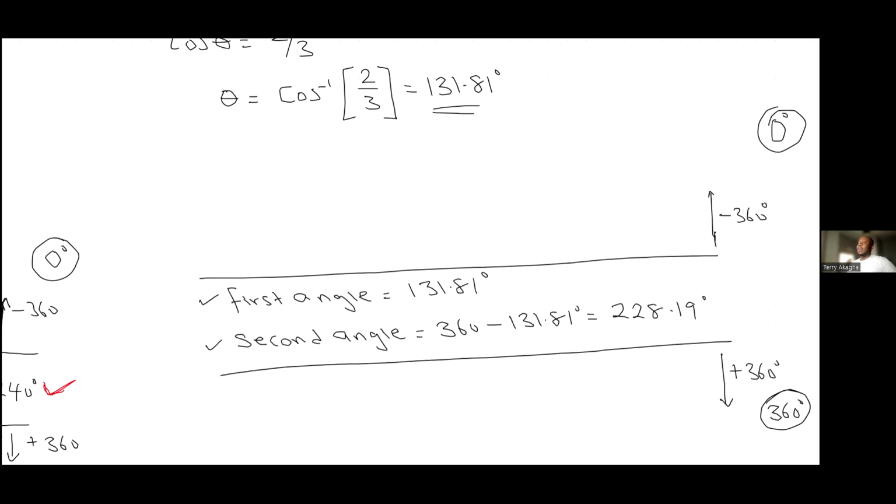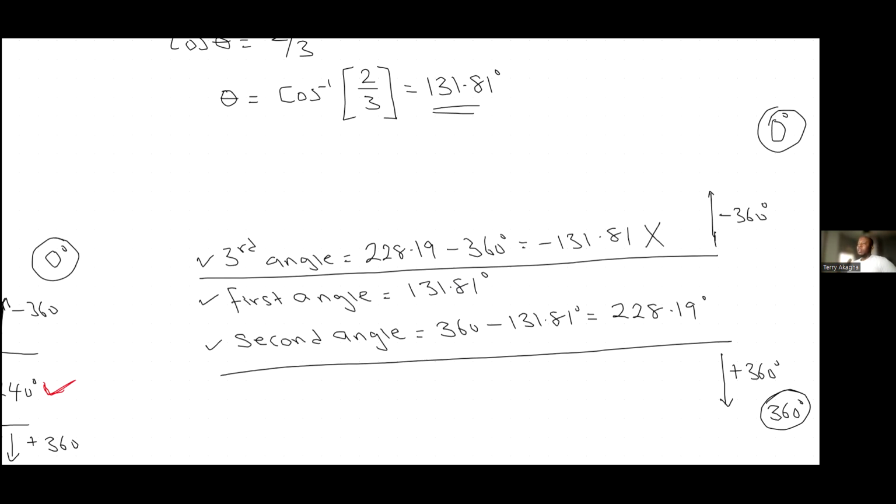So let's start with the negative direction. The third angle in the negative direction will be equal to 228.19 minus 360 degrees. And that will give you minus 131.81. So it's less than 0, so it's not a solution.